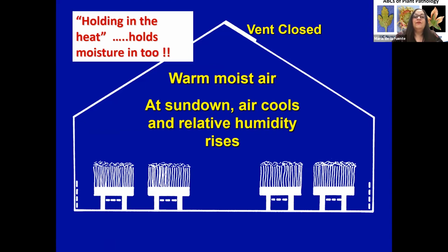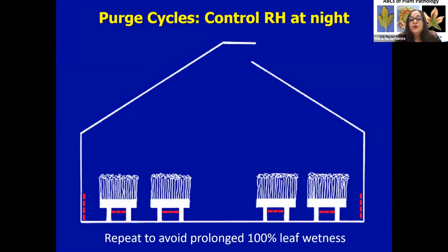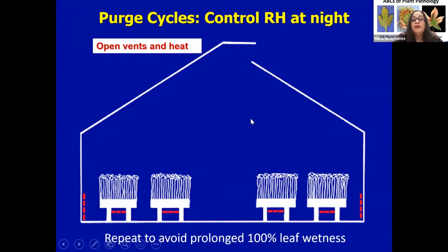just remember that if you hold the heat because you want the plants to be comfortable, you're holding the moisture too. So in order to make sure that you get it right, open vents and therefore let some of the heat escape. And you can usually have a system where you heat in the tables or within the tables here.